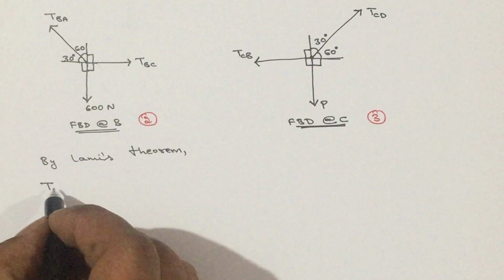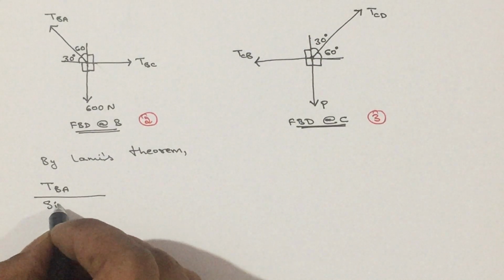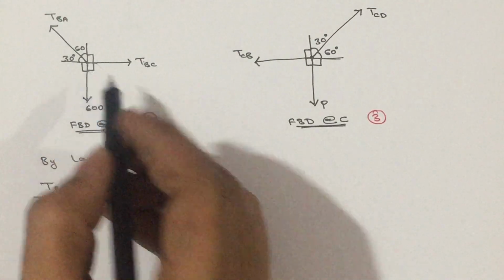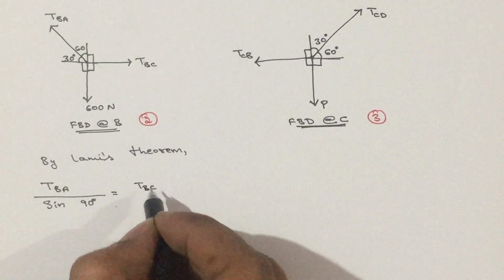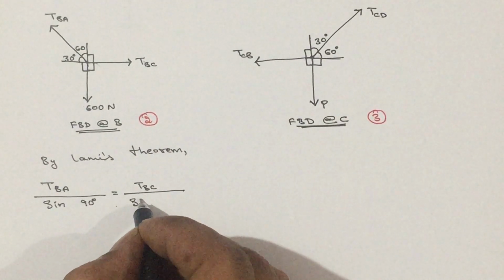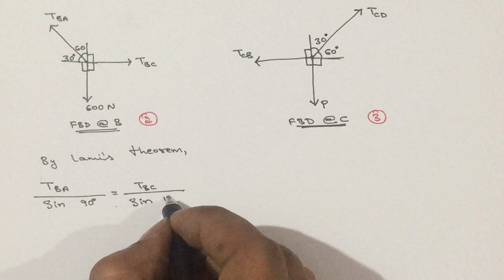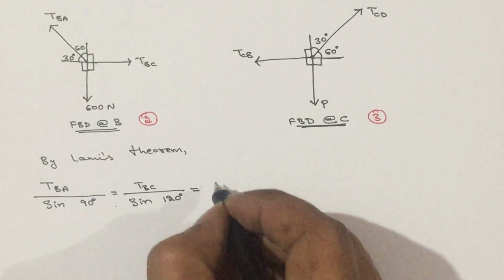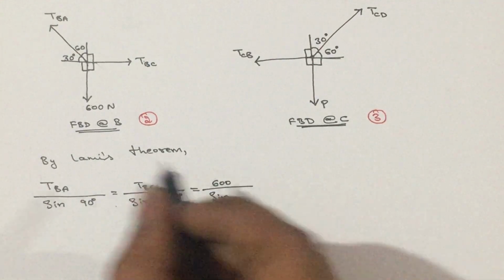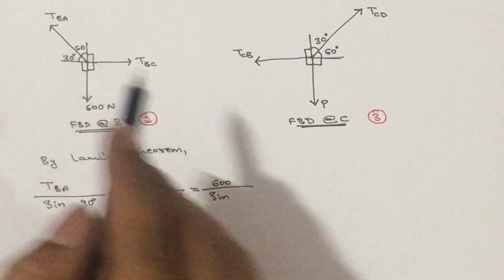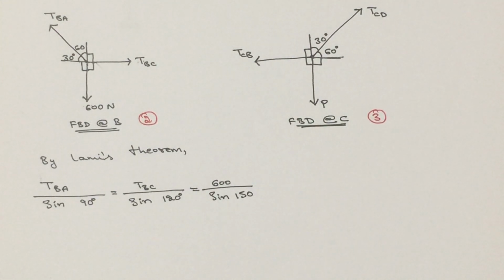Force is TBA divided by sine of the angle between the other two forces, which is 90 degrees, equal to TBC divided by sine of the angle between the other two forces, 90 plus 30, that is 120, then force 600 divided by sine of the angle between the other two forces, 90 plus 60, that is 150. Now, we got the Lami's equation.